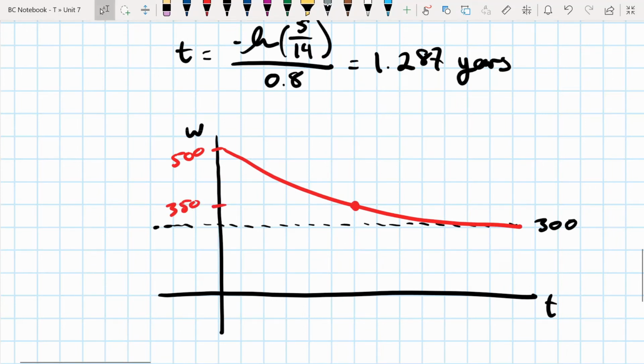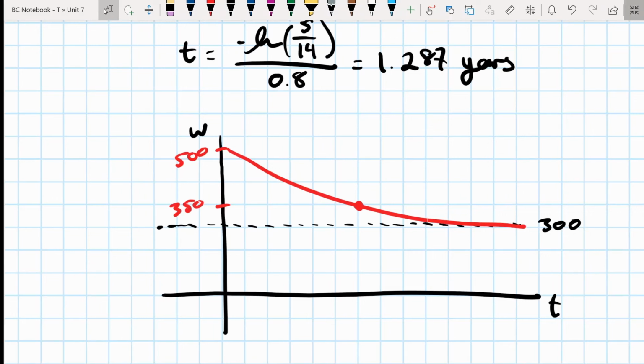Regardless of whether the function is above or below the carrying capacity, it will tend to that value. As t approaches infinity, the population of wolves will approach 300.